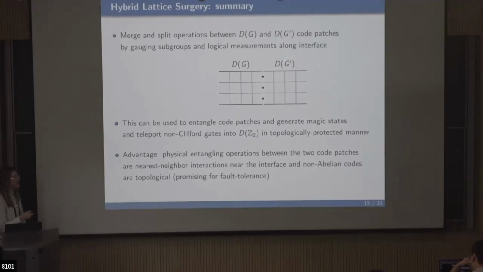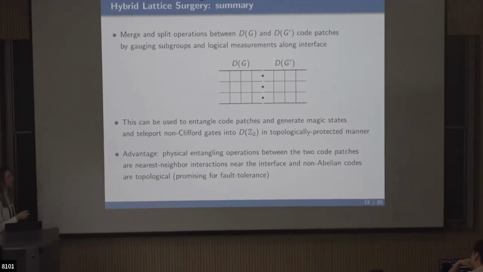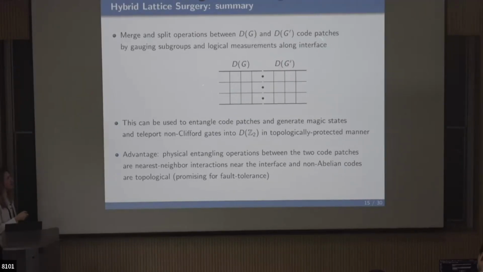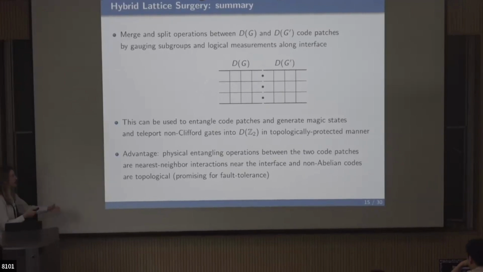We need to apply these AV projectors along the interface, and this will then give us a merged patch; this creates entanglement between the two codes. We can then measure them out, and basically this can be used to teleport some states from one code to another. So in particular, starting with some stabilizer states for a higher abelian code like Z4 or Z4N, and then teleporting them via the non-abelian code into the Z2 code to create magic states and non-Clifford gates.